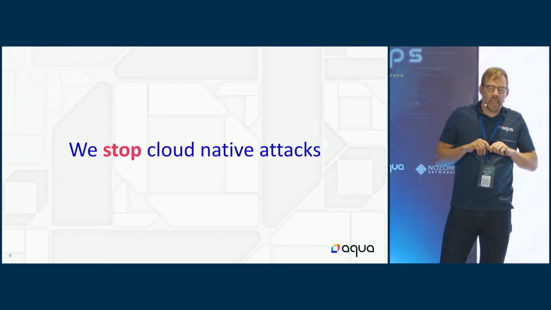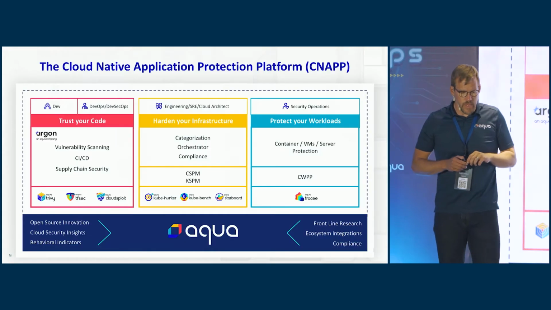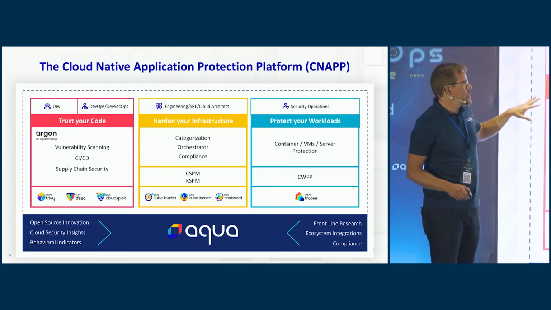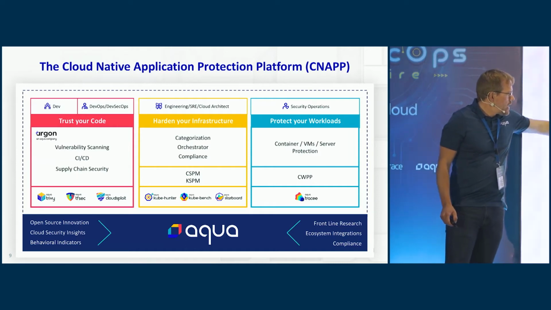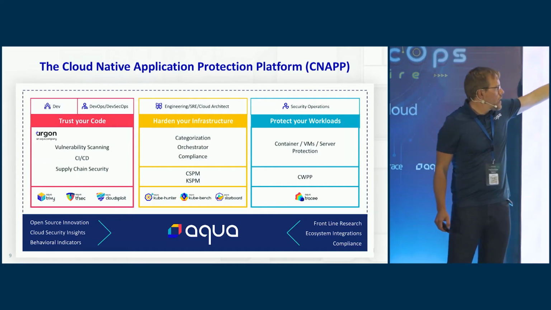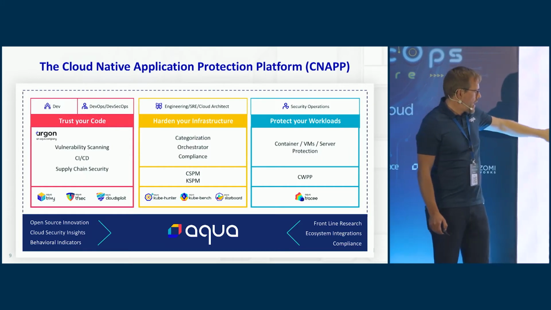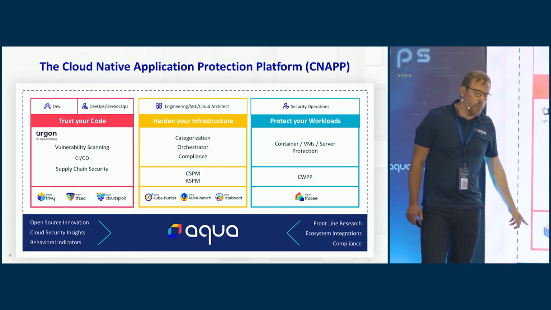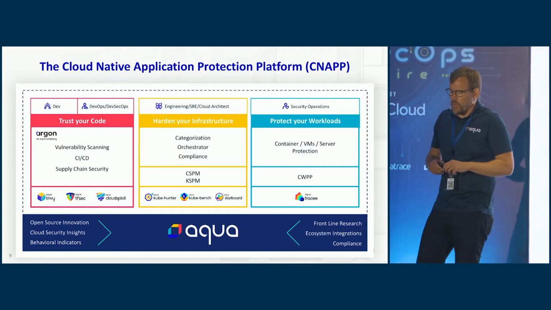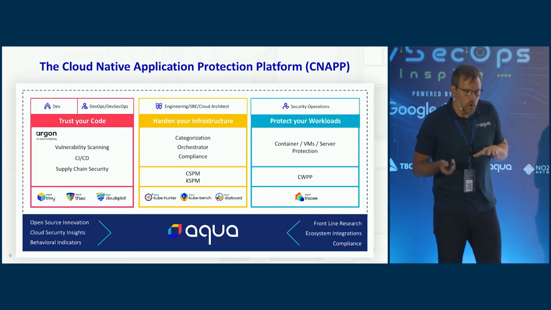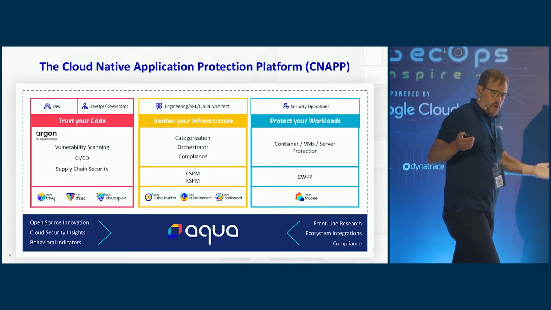So Aqua is doing this with all these aspects. And here's another build with these three pillars. So if you're running a CI/CD pipeline, if you have a code repository, start scanning there. And you can start scanning with our open source tool, Trivy. And maybe many of you have already heard about this. Aqua does a lot of open source tools, and they are also part of our commercial offering.